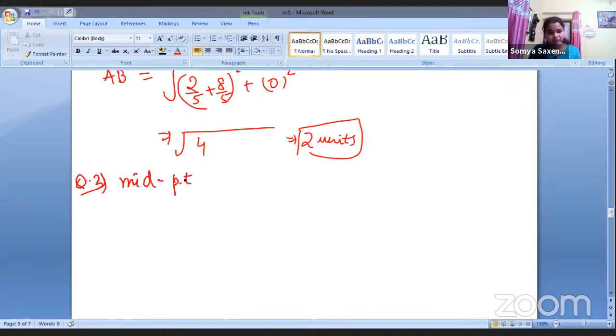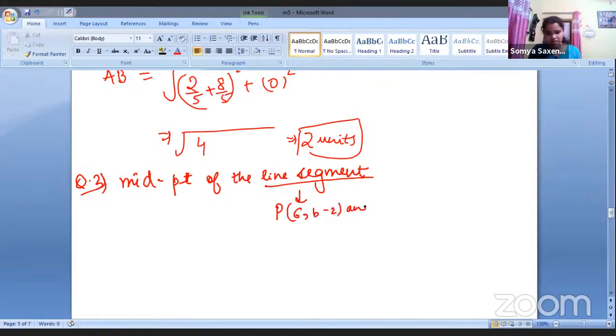If the midpoint of the line segment joining the points P, which is 6 comma B minus 2, and Q, minus 2 comma 4. If the midpoint of the line segment joining these 2 points is given to us as 2 comma 3. Sorry, 2 comma minus 3.